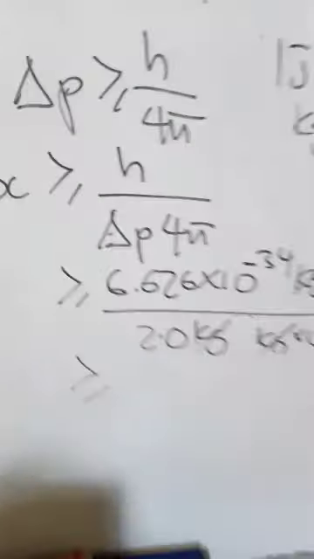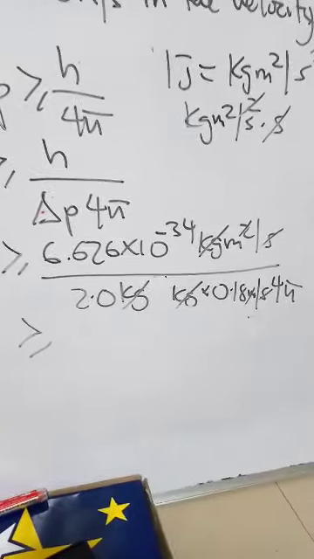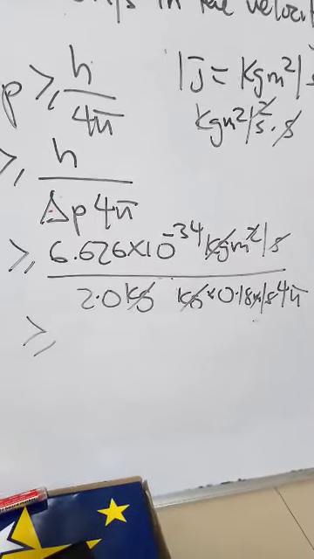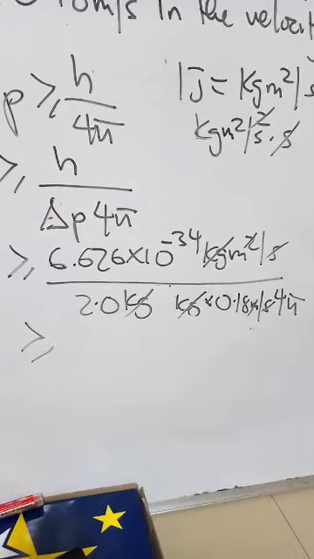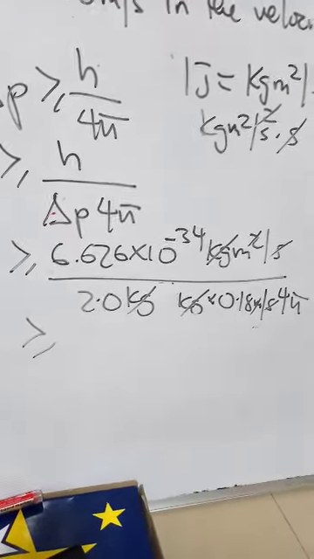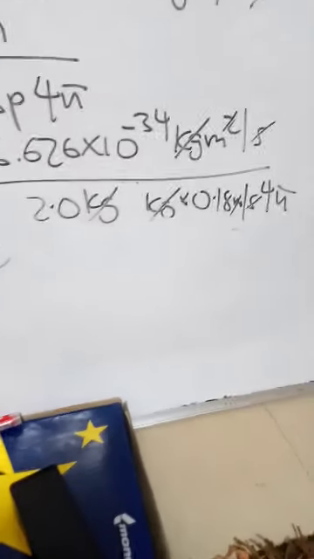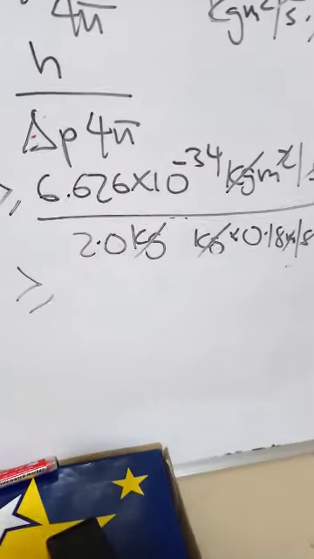So let's see the uncertainty in position when the mass is increased. So in this case, we can say 2 times 0.18 times 4 pi. It is giving us 4.52.